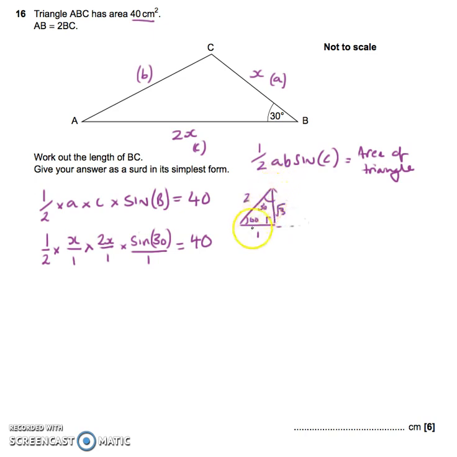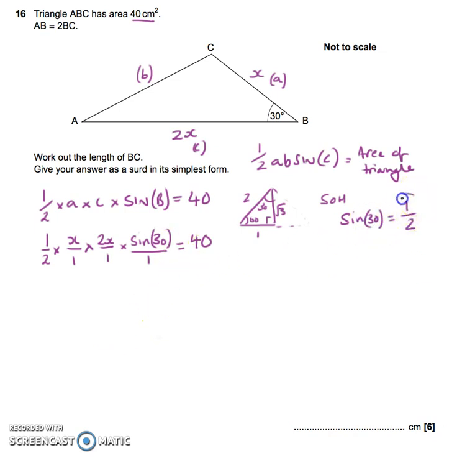We've got our opposite and our hypotenuse. SOH, remember, opposite over hypotenuse. Sine of 30 is opposite over hypotenuse. So opposite is 1, hypotenuse is 2. So we know that sine 30 is equivalent to a half. That's a little bit of knowledge that we have to have, or have a way of working out. We know that that is what sine 30 is equal to.